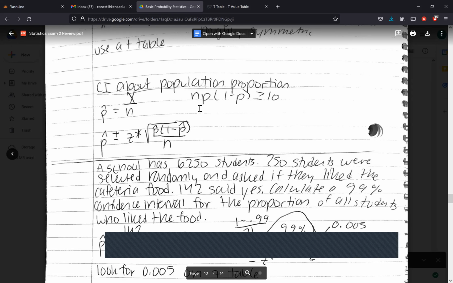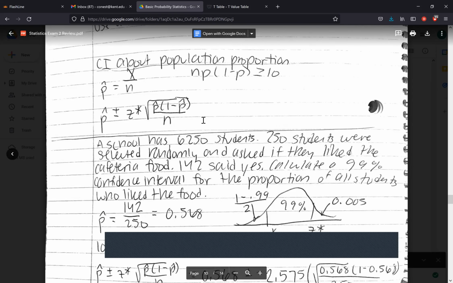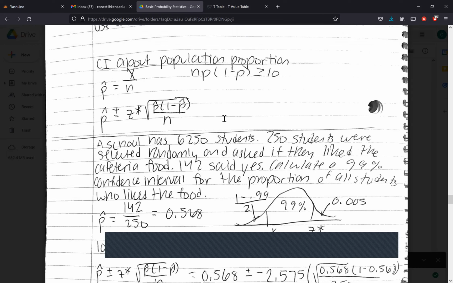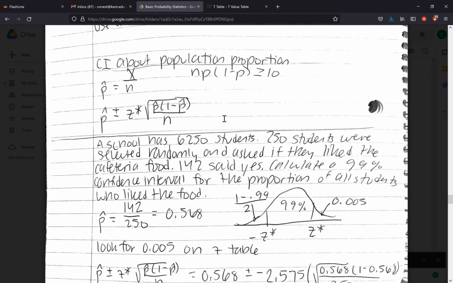And this should be relatively familiar since we've been talking about distributions, but we can't use just p this time because we are trying to estimate p. So instead, we're going to do p hat plus or minus z star times the square root of p hat times 1 minus p hat divided by n.